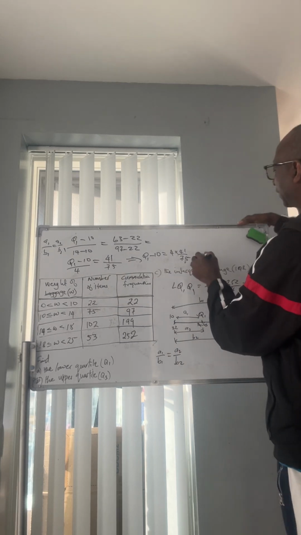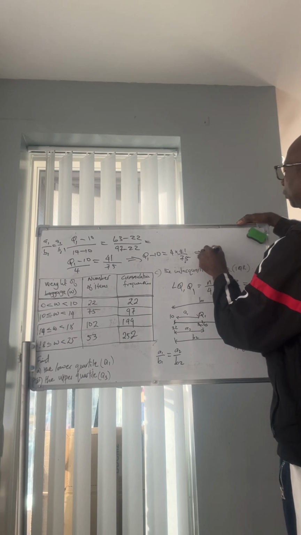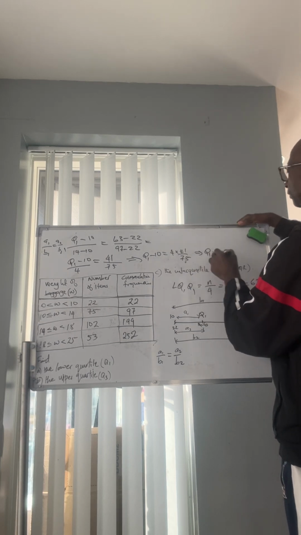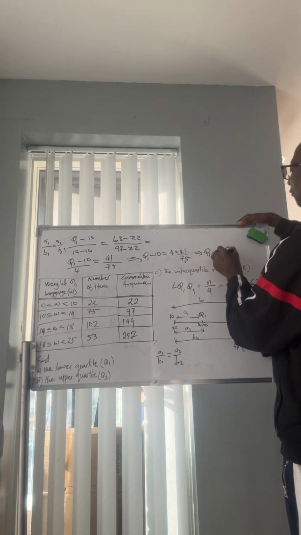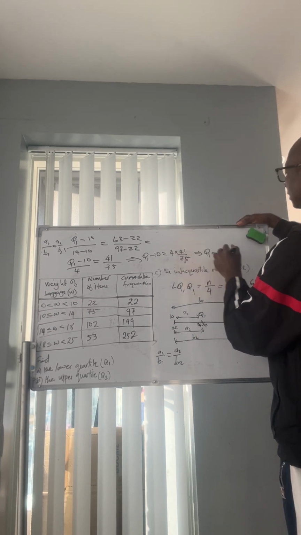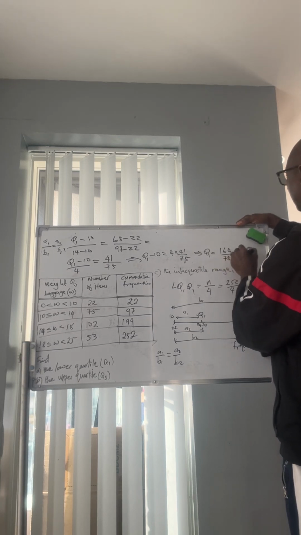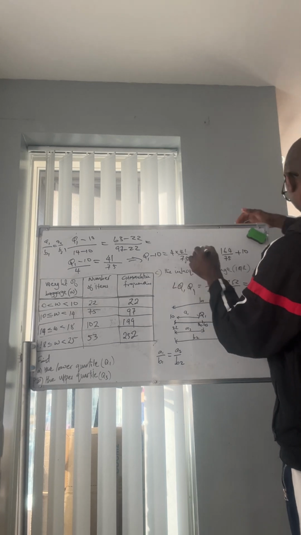If you further simplify this, it will give you Q1 equals 4 times 41, 4 times 4 is 16, this is 164 all over 75 plus 10. This minus 10 now becomes a plus 10.